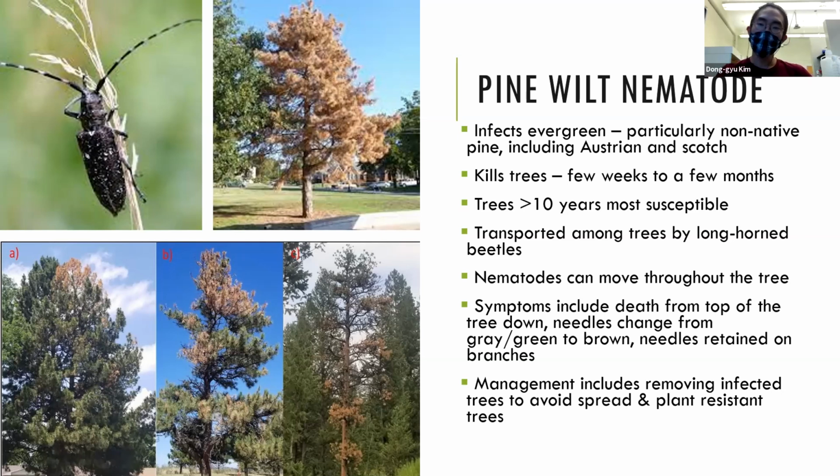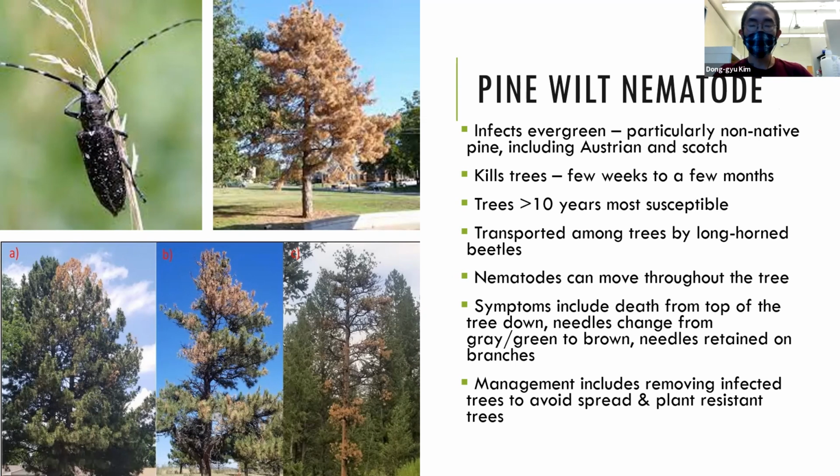This death can vary in speed from taking a few weeks to potentially even over a few months, as the stress of having this nematode moving through its system slowly kills off the pine tree. But of those evergreen trees affected, those that are 10 years or older are most susceptible to this nematode.